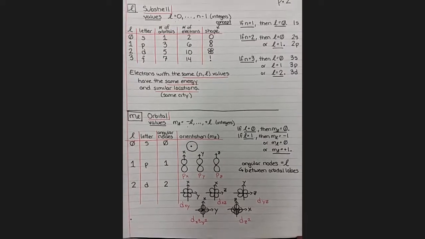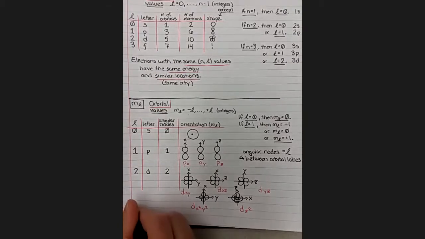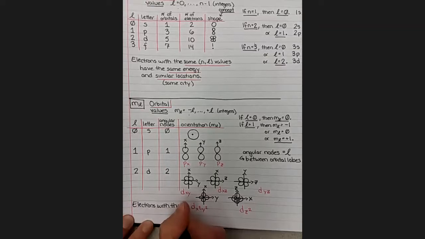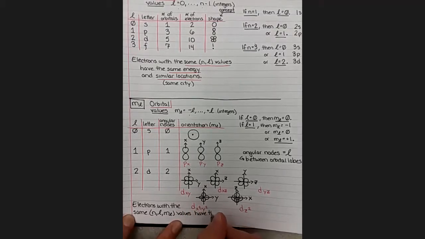Let's summarize what we know about M sub L. So electrons with the same N and L and M sub L values have the same energy, just like before.